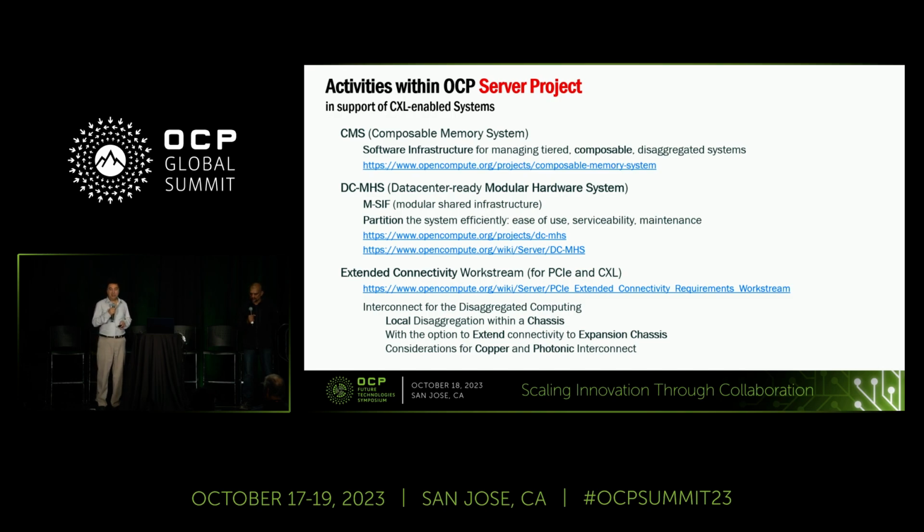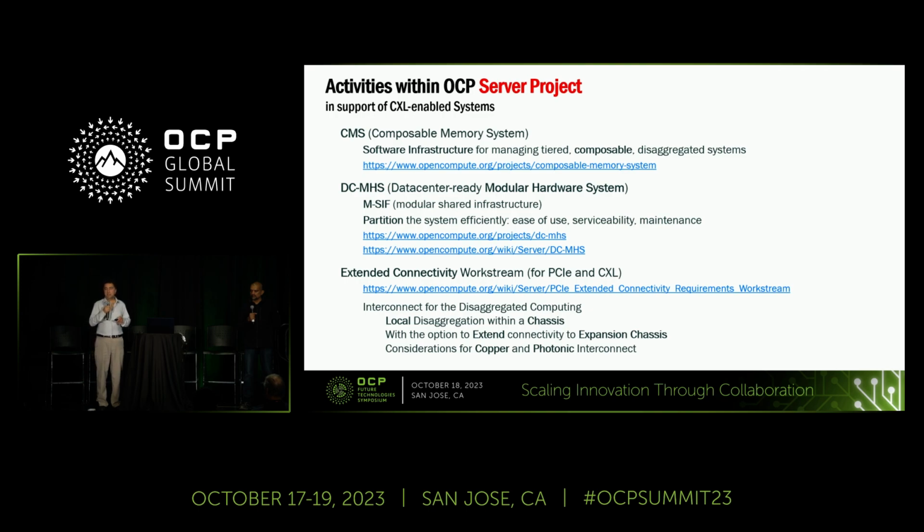Within OCP, we have a number of projects. Composable memory systems touches on the first do no harm part, making the software, all of the features and frameworks for the software, consistent across multiple hardware layers.